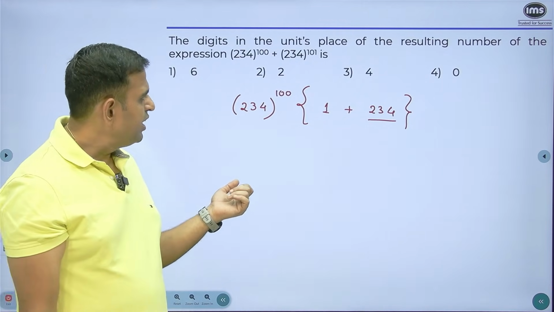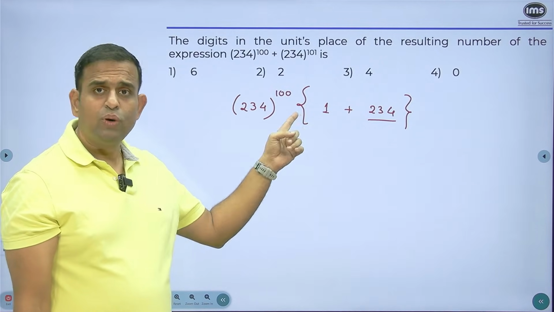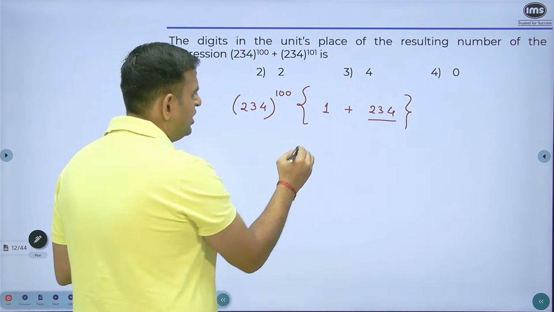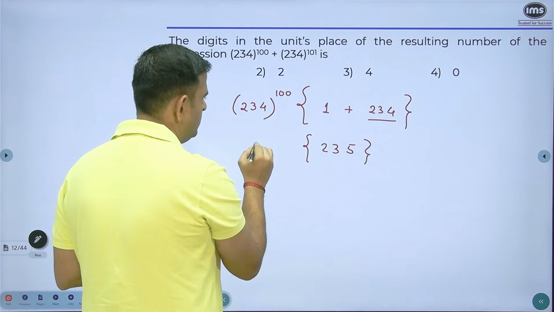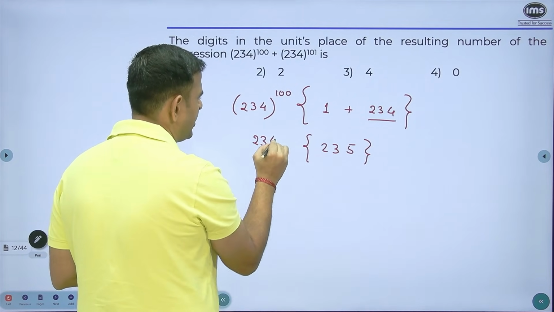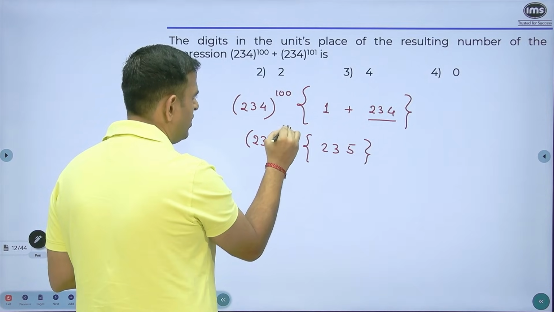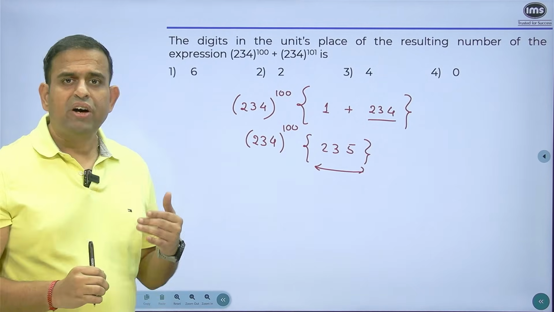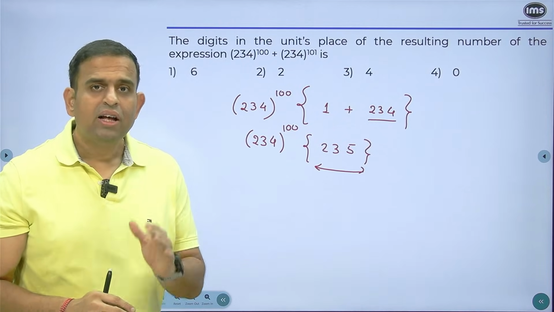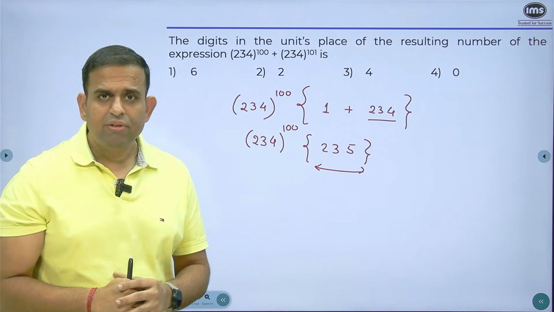Now understand one thing: the bracketed part, the number 1 plus 234, simply becomes 235. And this is multiplied by 234 raised to 100. Now understand the rule for 5. Whenever you multiply the number 5 by any odd quantity, the outcome will end with the number 5.